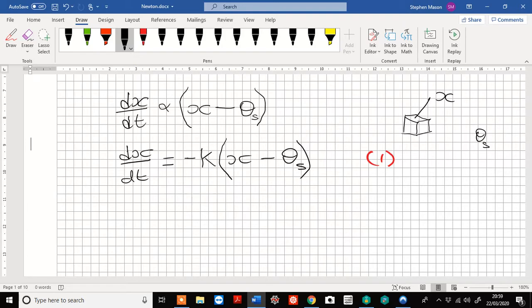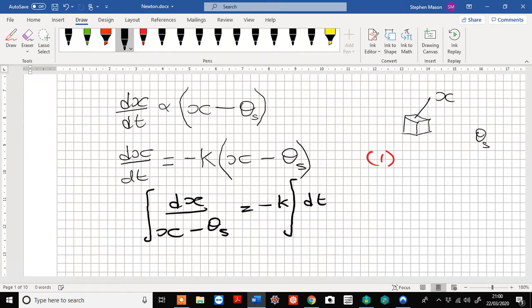If you've done any high school level mathematics, like A level in the United Kingdom, then you will know that this can very easily be separated out to give dx by x minus theta s equal to minus k, and we'll put the dt over here because I want to put integral signs in.